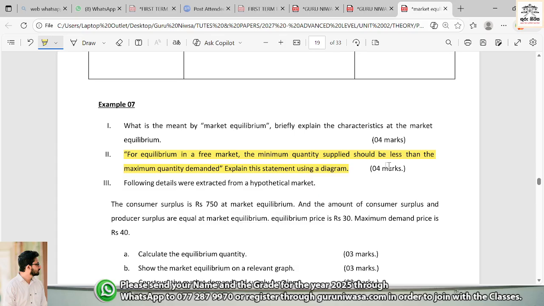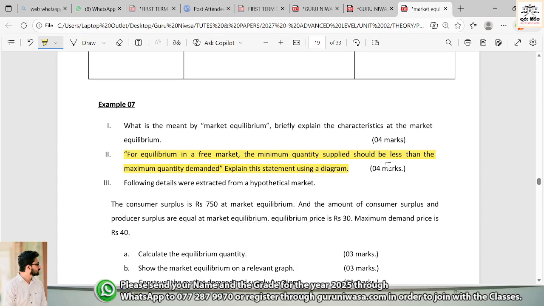When the minimum quantity supplied is less than the maximum quantity demanded, that means there is an excess demand, so suppliers can increase the price. A bit closer, but not the answer. I really appreciate that attempt.